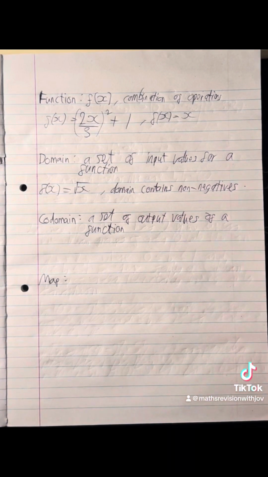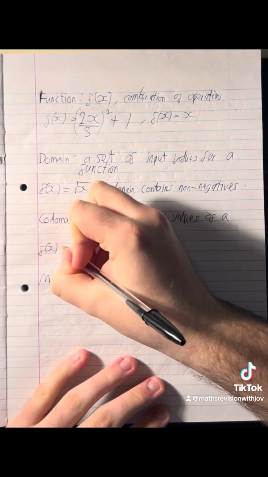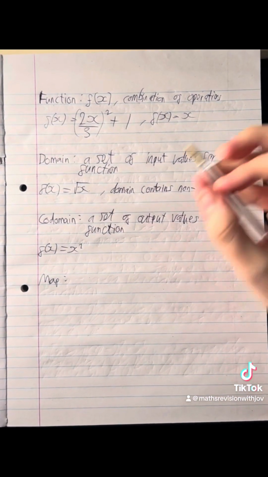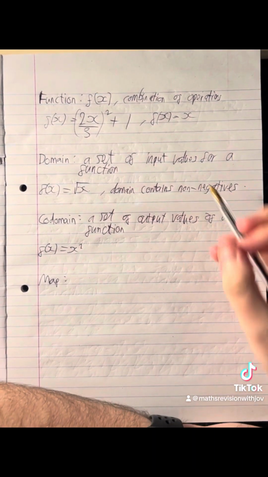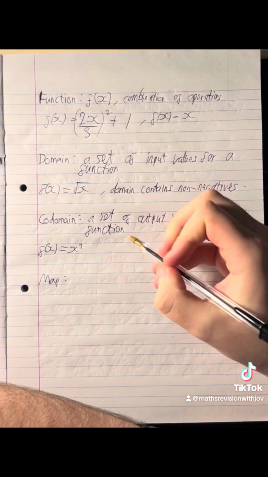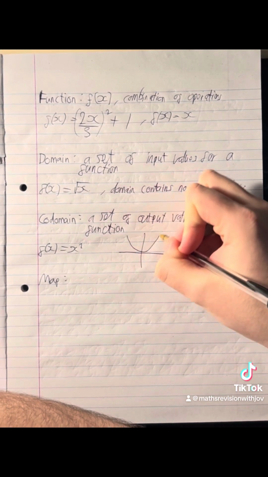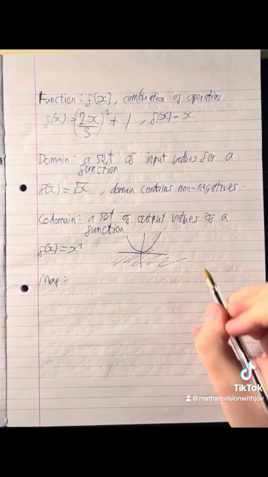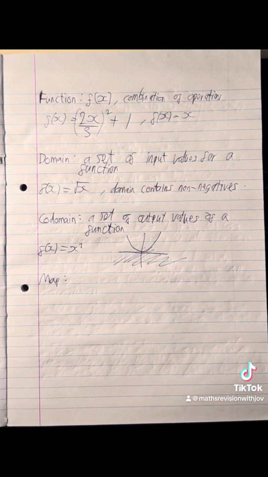So, for example, when we take the function f of x equals x squared, any number squared cannot be negative. So we get the same as in this example, because if you remember, the graph of x squared is like that, and you never get anything negative. It's always positive. So the codomain of x squared is the set of all non-negatives again.